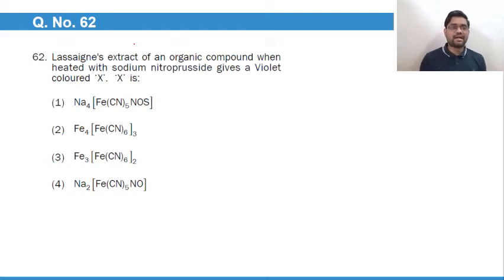Question 62: Lassaigne's extract of an organic compound, when heated with sodium nitroprusside, gives a violet colored X. What is X? Any organic compound gives sodium sulfide, which is treated with sodium nitroprusside.